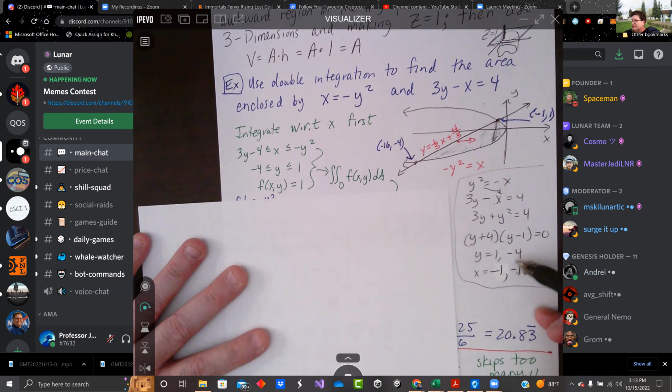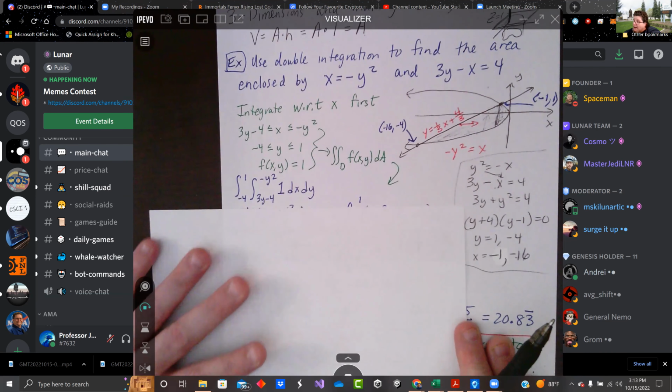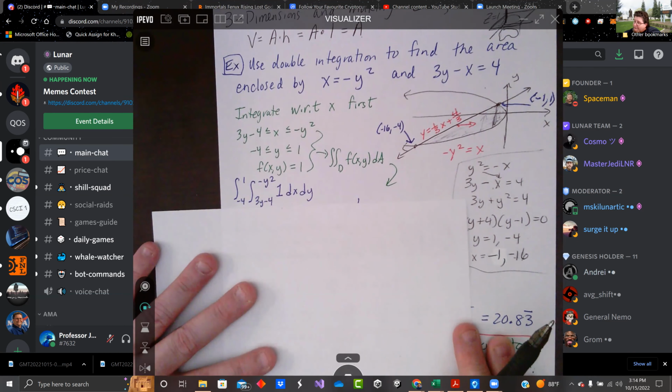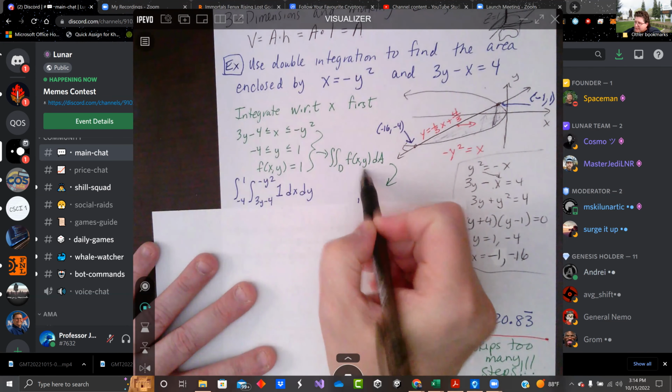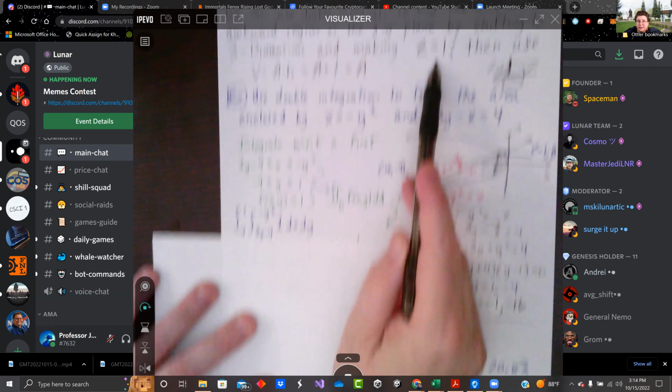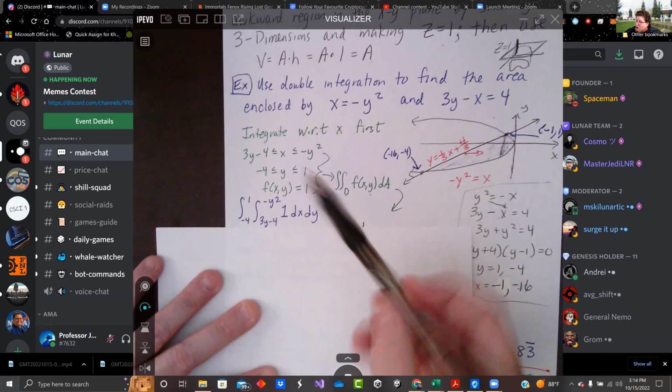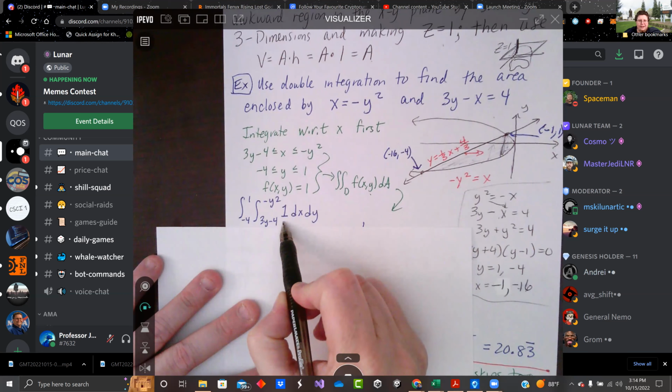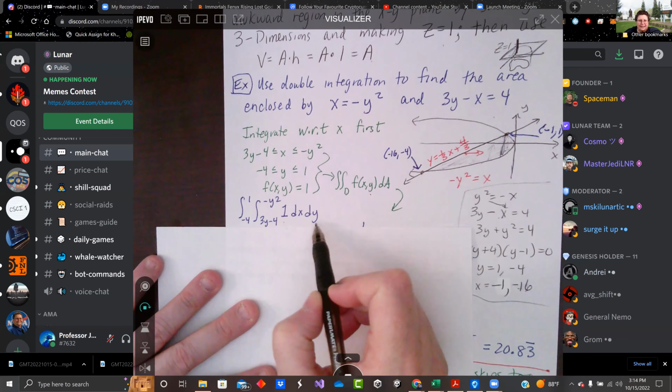And we found our boundary conditions for y is negative 4 to 1, doing some legwork over here. And so our function f of x y was just z equals 1.